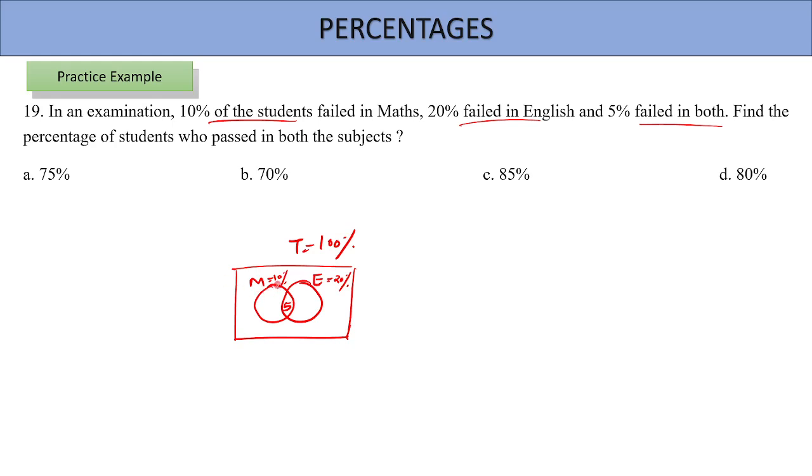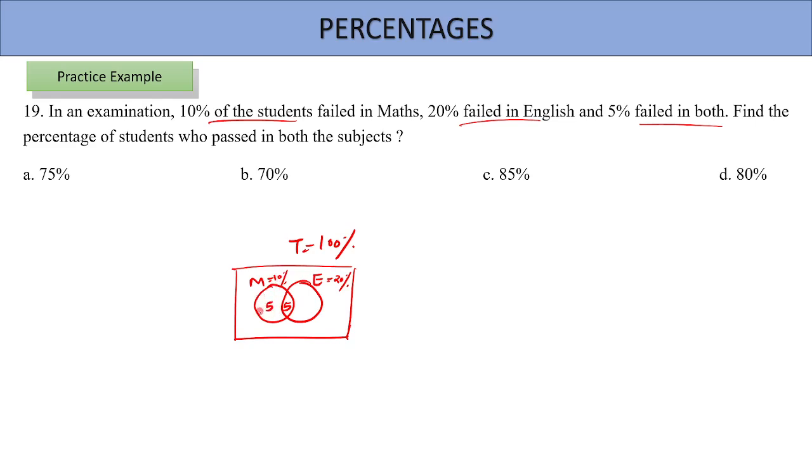So this 10% is the number of students who failed in maths. That means they failed in both maths and English. And this 20% is those who failed in English and also in maths. And 5% are those who failed in both maths and English. So this 5%, 10 minus 5 will give you 5.